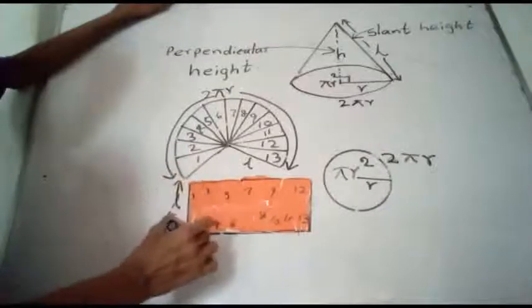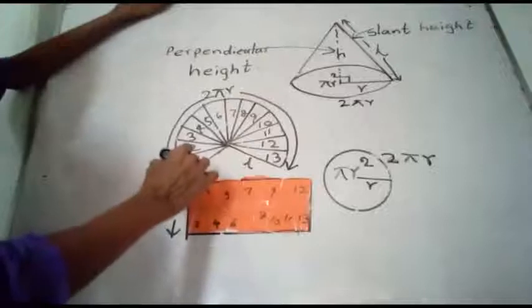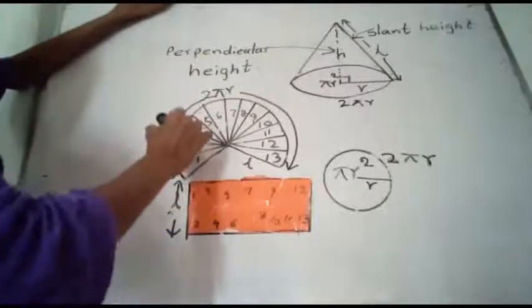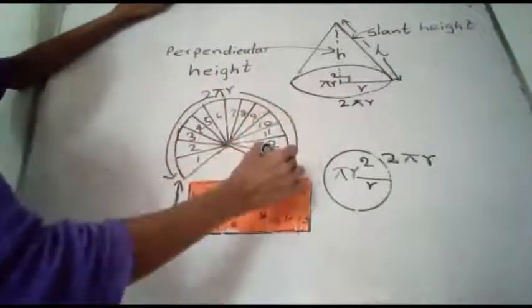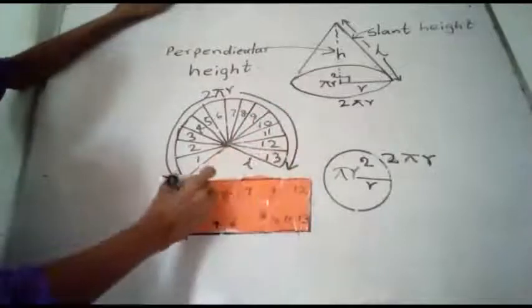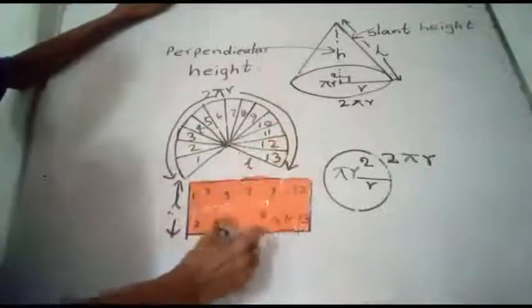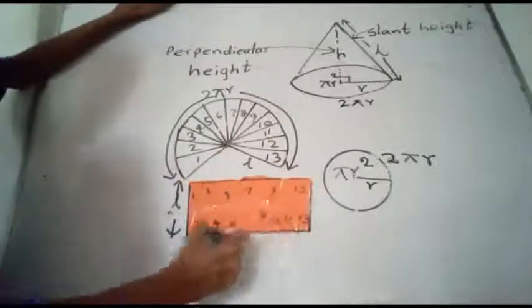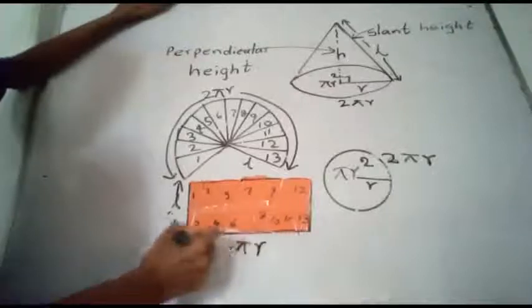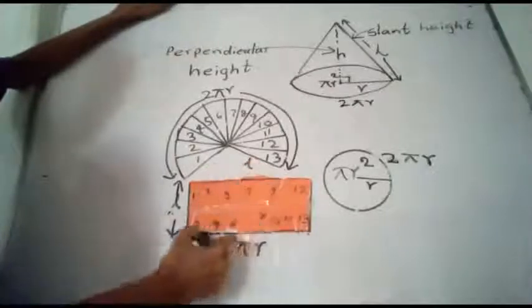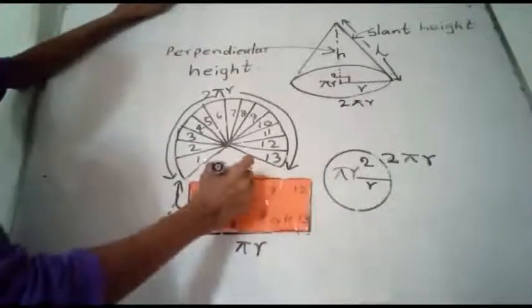The length of the arc is divided into two parts: 2πr divided by 2 is πr. The length of the rectangle is equal to πr.